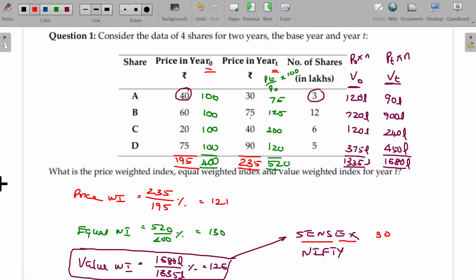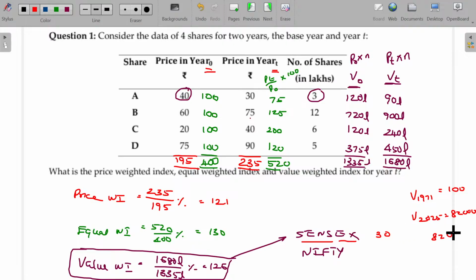The value of these 30 companies in 1971 is set equal to 100. Today, the value of the 30 companies in 2025 is around 82,000 points.